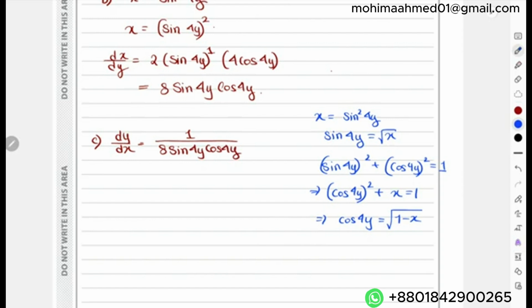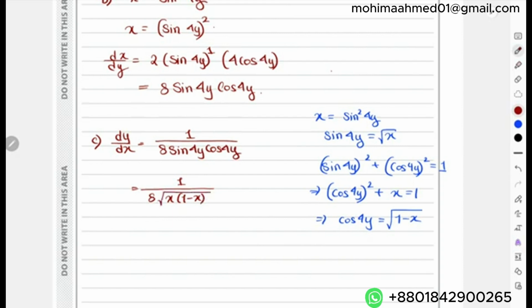So now you have expressions for cos 4y, sine 4y. So you can just write 1 over 8. Instead of writing sine y, we can write root x. Instead of writing cos y, we can write 1 minus x under root. So you can just write x, 1 minus x, as both were under root, so I'll just write it under one root.